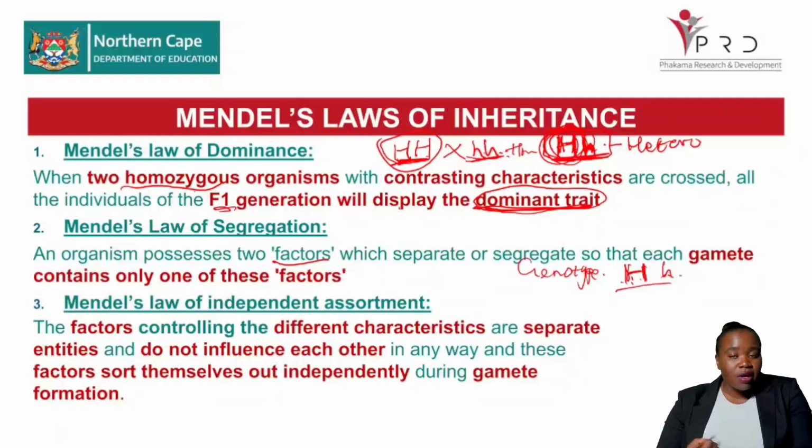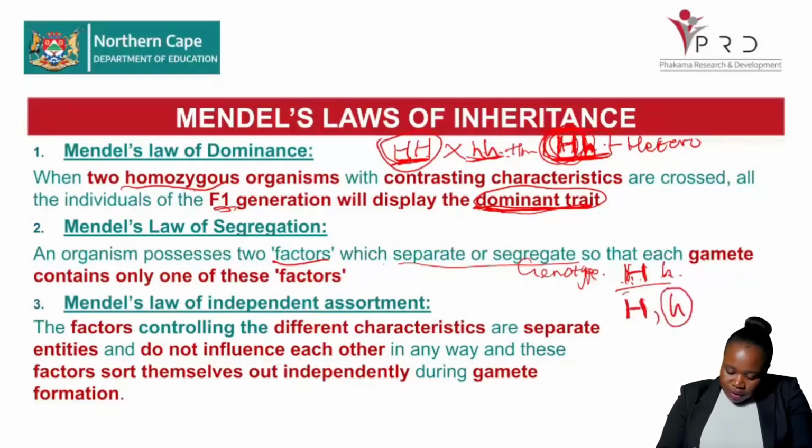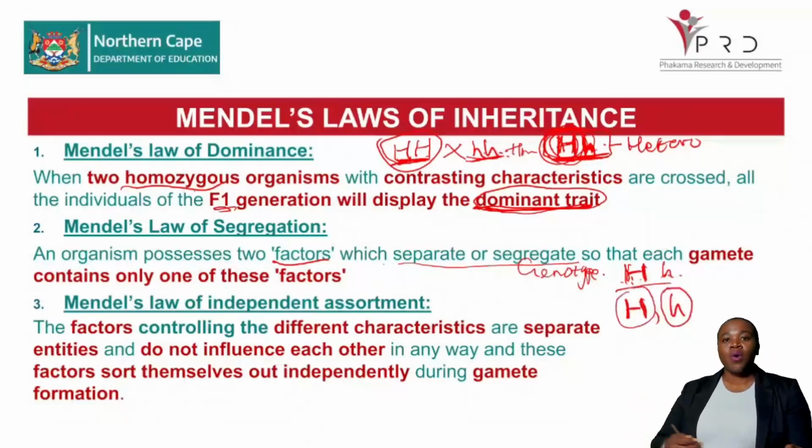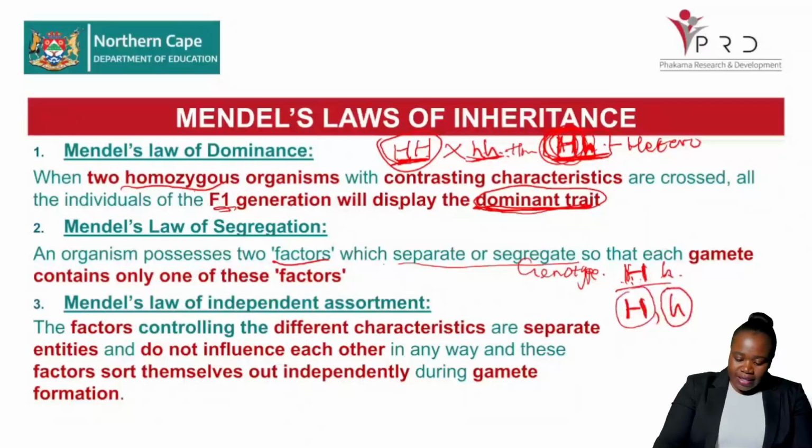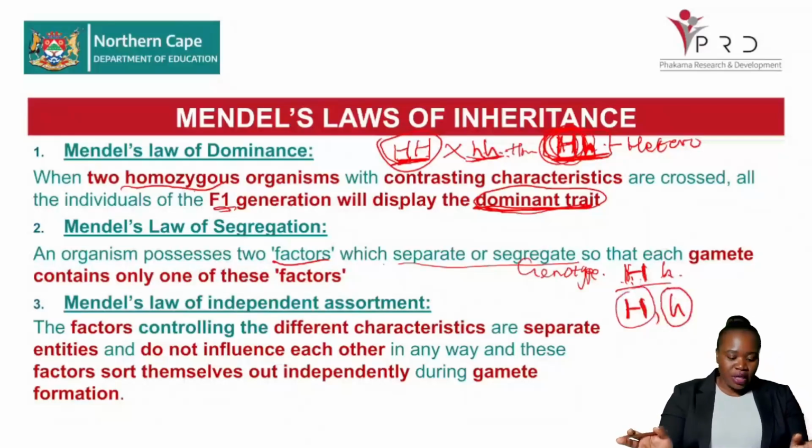We have the long hair and the short hair factor. These two factors are going to separate so that the gamete that is going to be formed is now going to have only one of these factors. We're not going to have this gamete and this gamete. We show the separation by putting a comma or circling around each of those. So the factors are going to separate during gamete formation, basically.